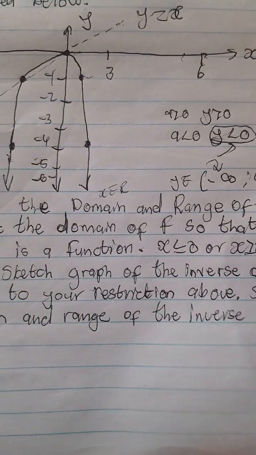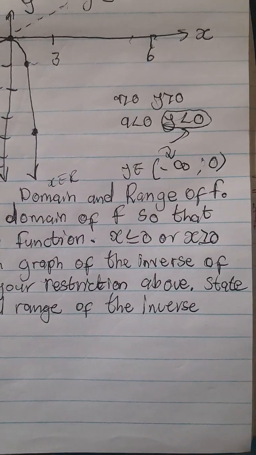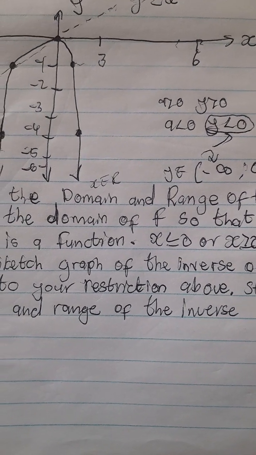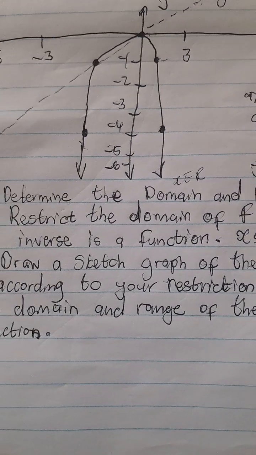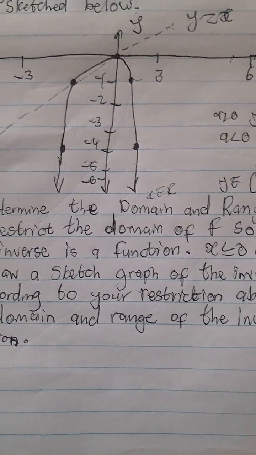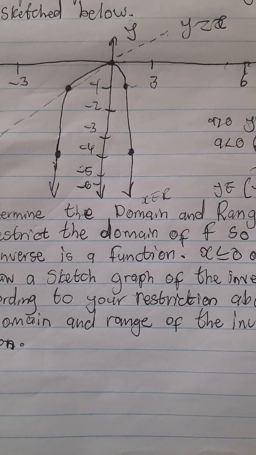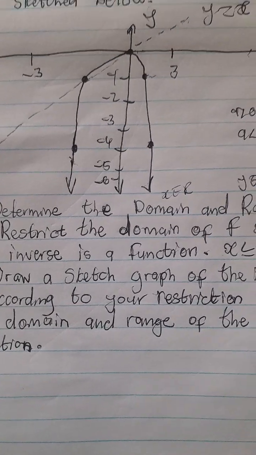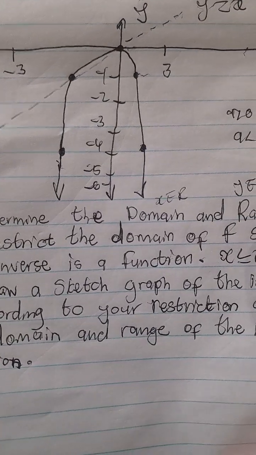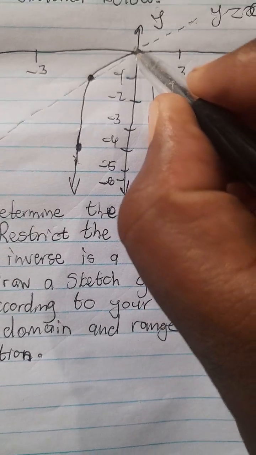It can be written as x is an element of negative infinity to 0, or x is an element of 0 to infinity. When you write it in that manner, you will also be safe, guys.